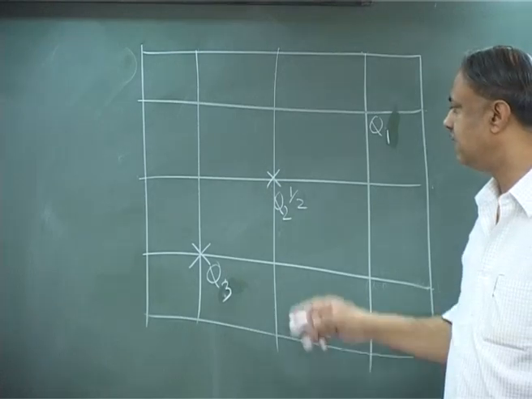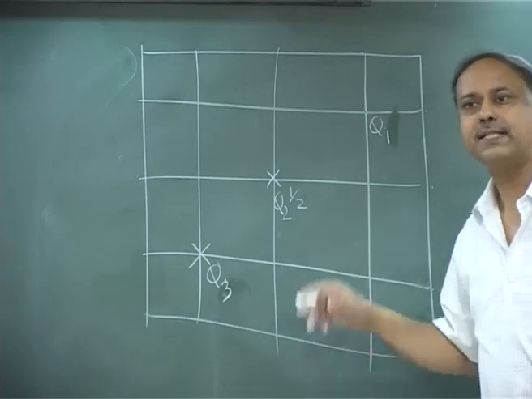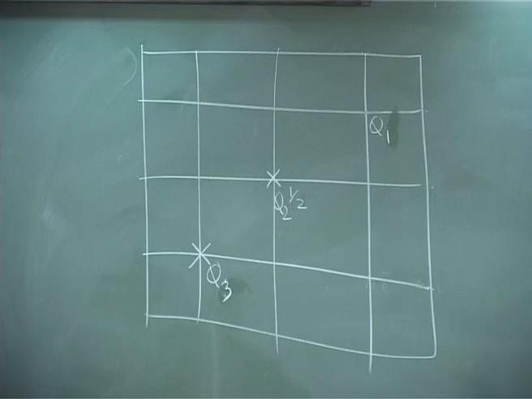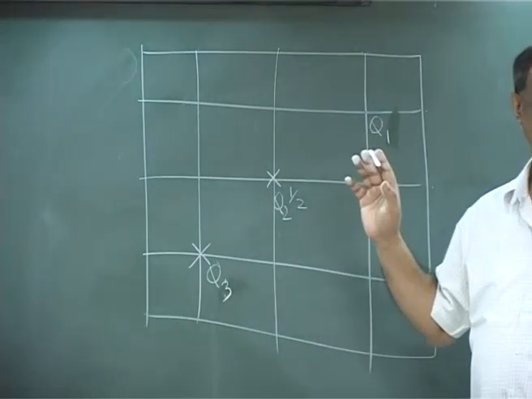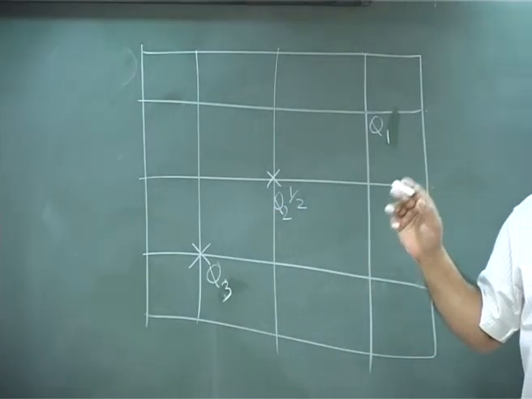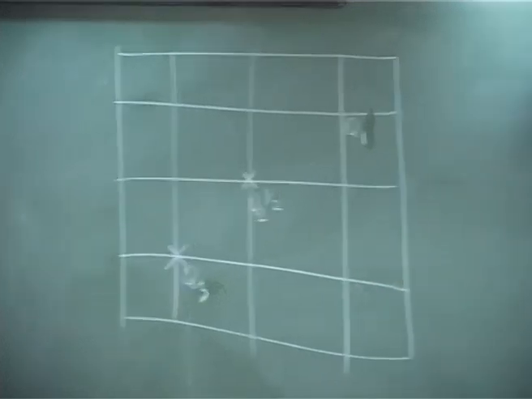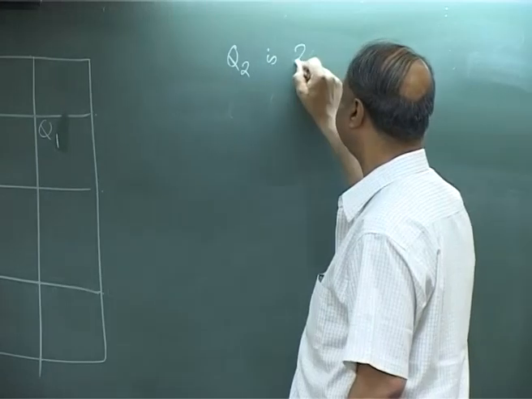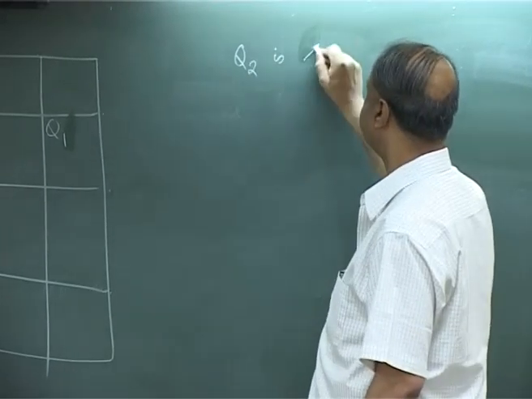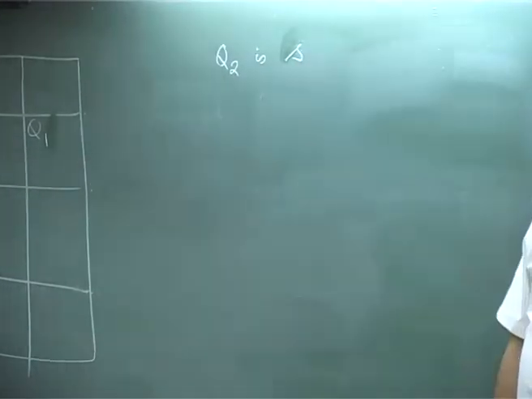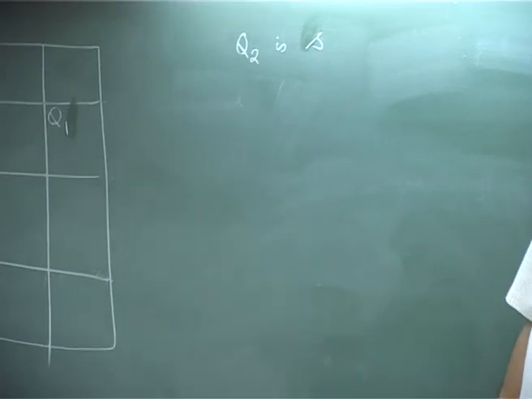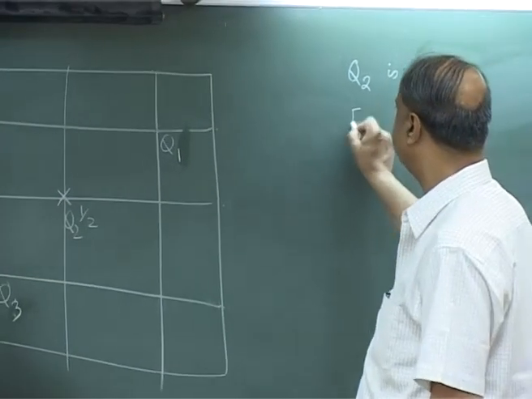See what happens? Suppose Q2 is the second largest element. It means one of them will be the smallest element. Right? Let us assume that Q2 is the second largest element. Q2 is S. If Q2 is S, what is the E1?